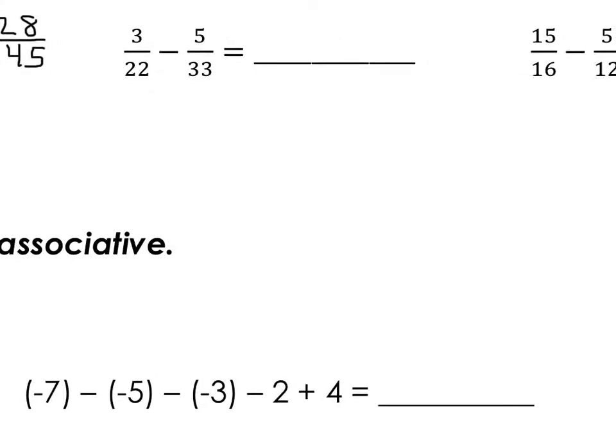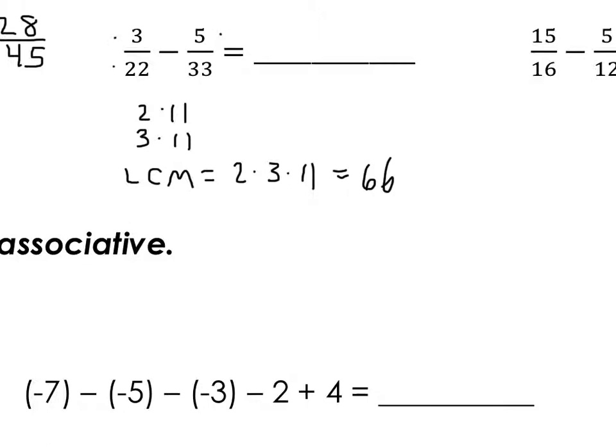Common denominator here, do you know what it is? Do you need to factor it? 2 times 11, 3 times 11. So our least common multiple, or our least common denominator, is 2 times 3 times 11. 66. So we need to fix both fractions so that they have 66 in the denominator.